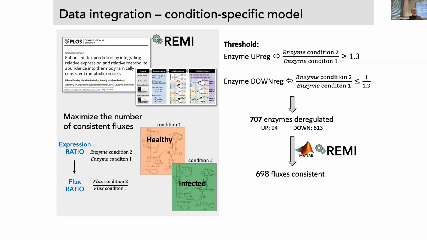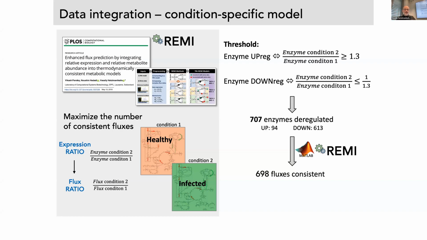And then in this case, for infected hepatocyte cells, we find that we have 700 deregulated genes, 94 up and 600 down. And when we ask the fluxes between the two models to follow this up or down pattern, then we find that we have 698, so of course a smaller number, that can be consistently achieved.